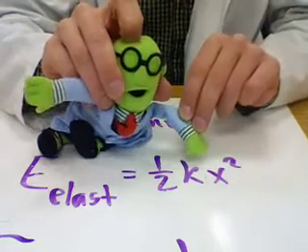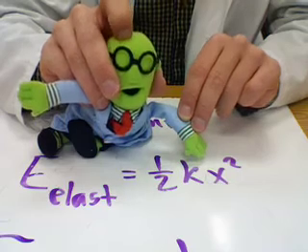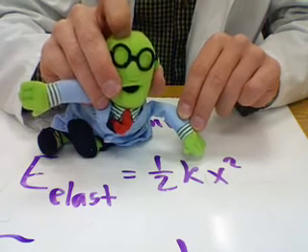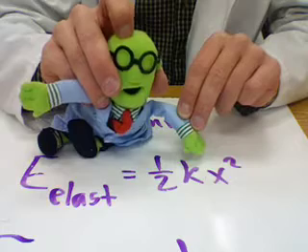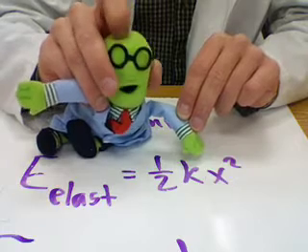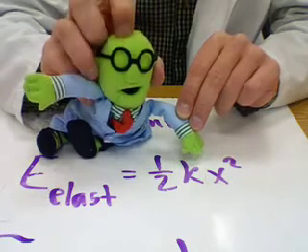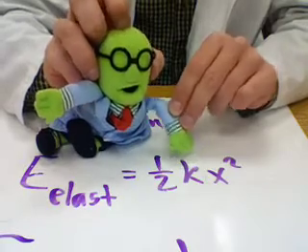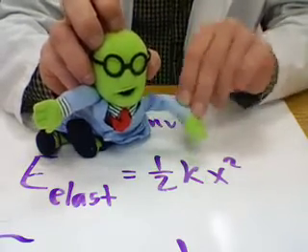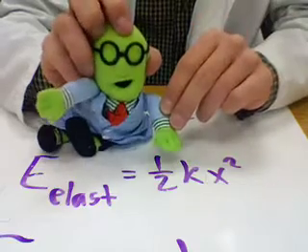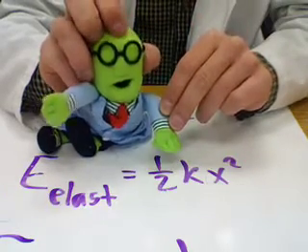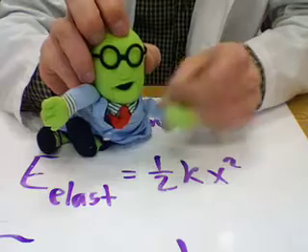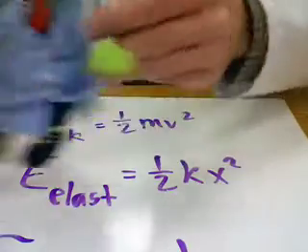X stands for how much the spring has been stretched or squished from its normal length. Okay, it's not the length of the spring. It's how much it's been stretched or squished from its normal length. So 1/2 kx squared. That calculates elastic potential energy in a spring if it's been stretched or squished.